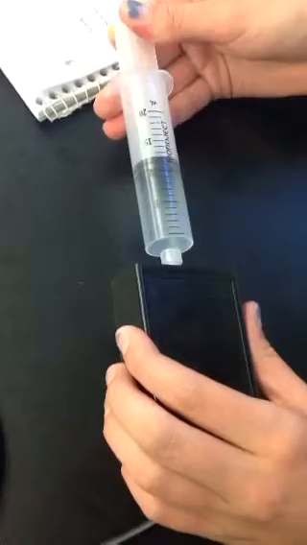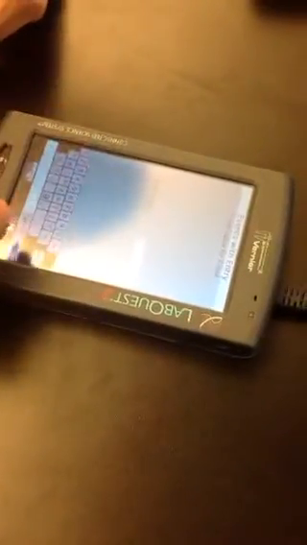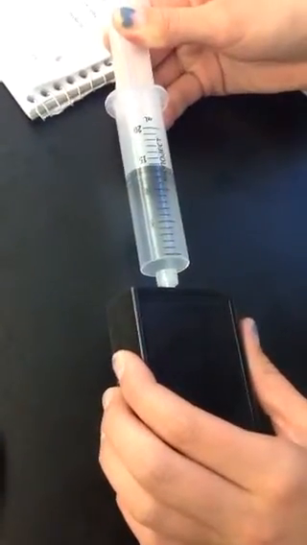Now we're going to go the other direction, and we're going to increase the volume compared to the starting point. To 12 milliliters.